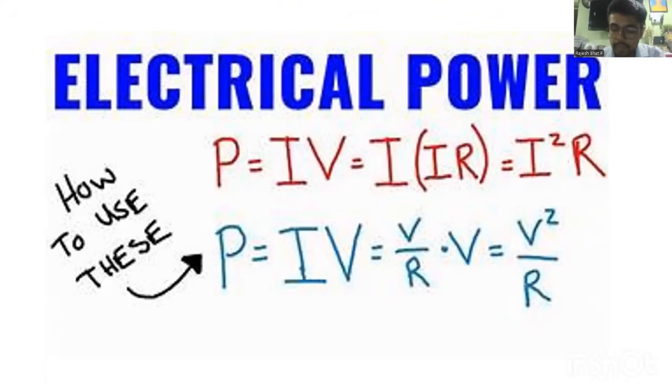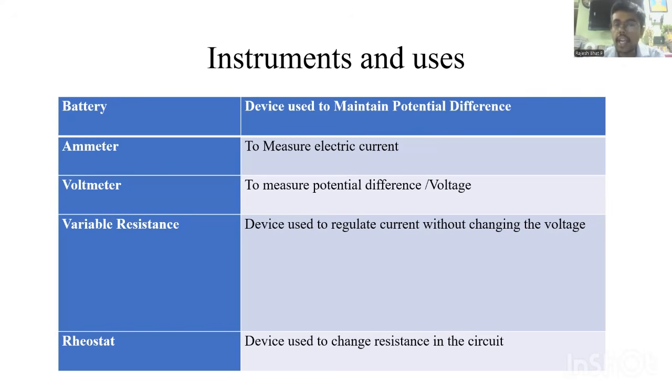Okay, lastly, instruments and uses. What is battery? What is ammeter? What is voltmeter? What is variable resistance? What is rheostat? You should know all of them. And how are they connected? Ammeter is used to measure electric current. Voltmeter is used to measure potential difference or voltage.